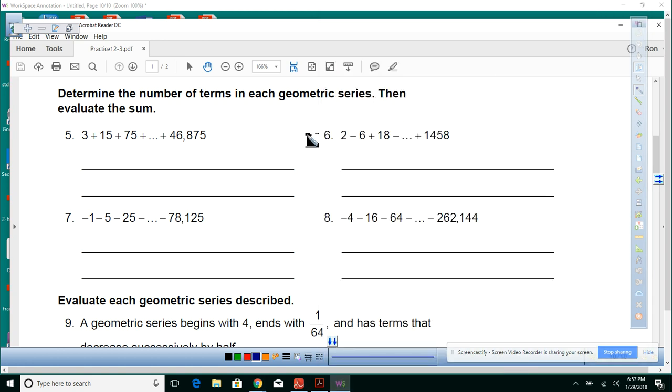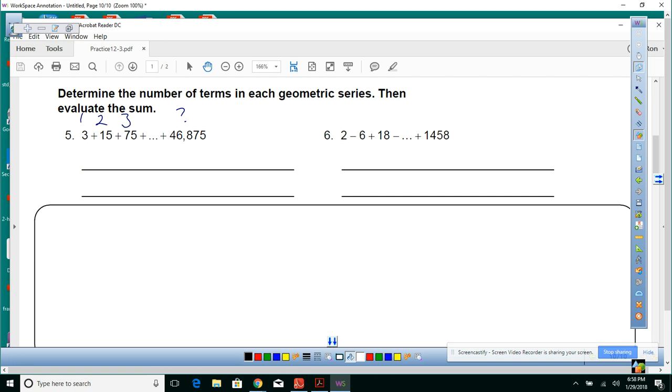All right, number 5. Determine the number of terms in each geometric series, then evaluate the sum. So we got, this is 1, 2, 3, and we need to figure out what that one there is. Not a problem. Let's get us a little real estate here.